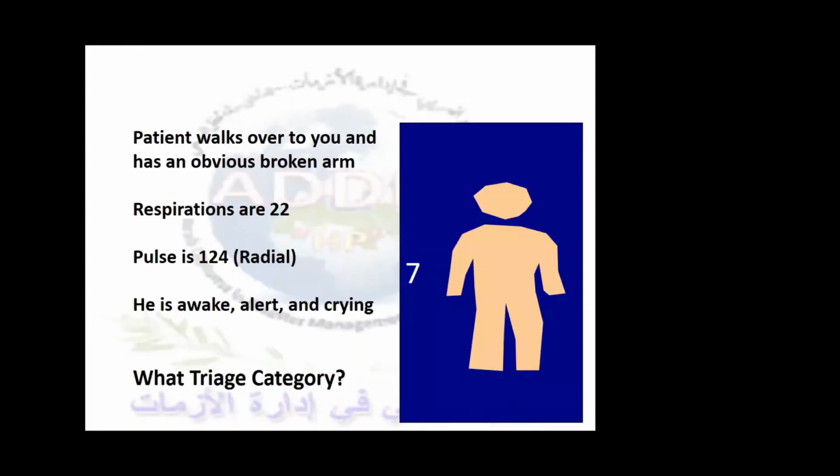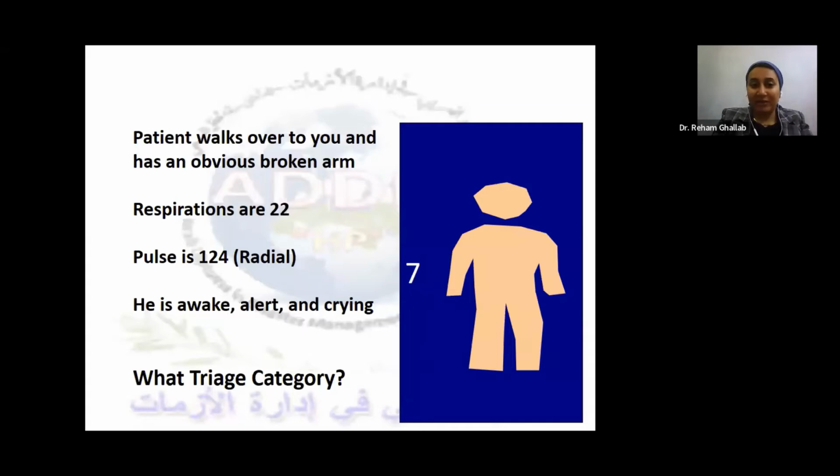This patient walks over to you and has an obvious broken arm. Respiratory rate 22, radial pulse 124. He is awake, alert, and crying. What is the priority? I think you had a priority from the first word.